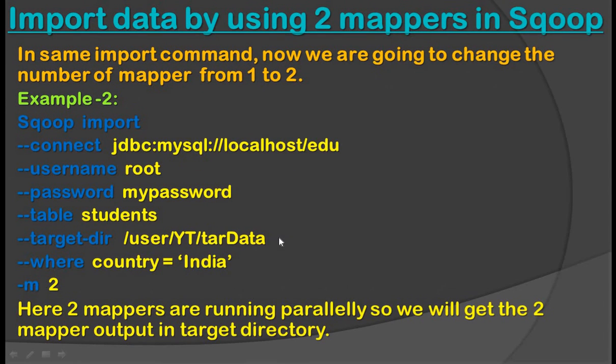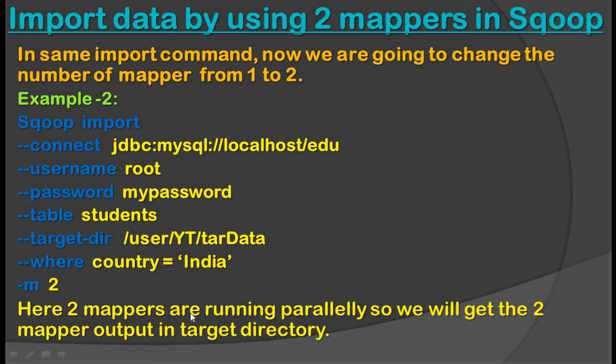Let's see what happens if we import data by using two mappers in Sqoop, with the same Sqoop command. Now we are going to change the number of mappers from 1 to 2. So in example 1 we set the number of mappers equal to 1, and in example 2 we set the number of mappers equal to 2.